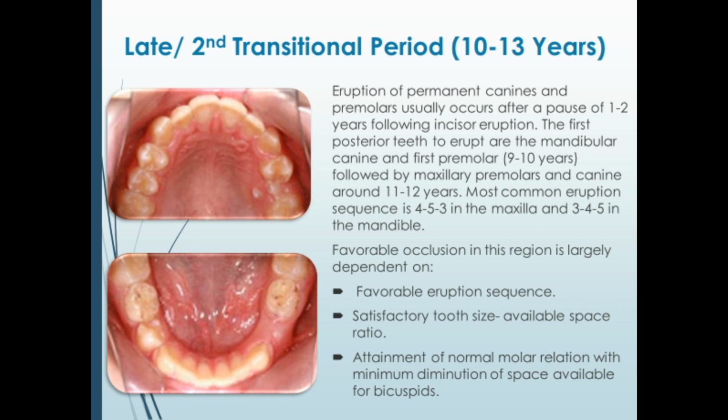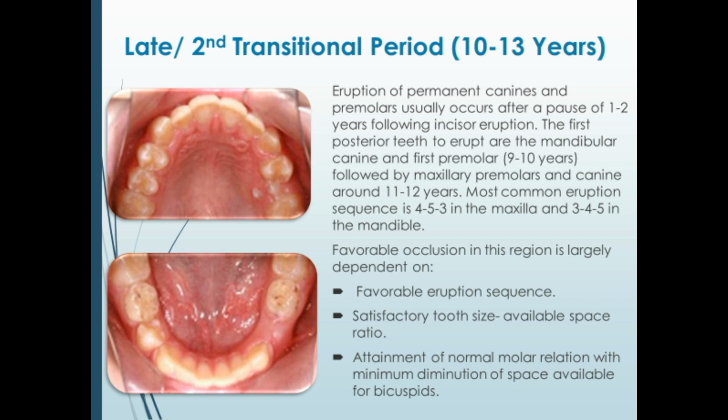Eruption of permanent canines and premolars usually occurs after a pause of 1-2 years following incisor eruption. The first posterior teeth to erupt are the mandibular canine and first premolars at 9-10 years, followed by maxillary premolars and canines around 11-12 years. Most common eruption sequence is 4-5-3 in the maxilla and 3-4-5 in the mandible.